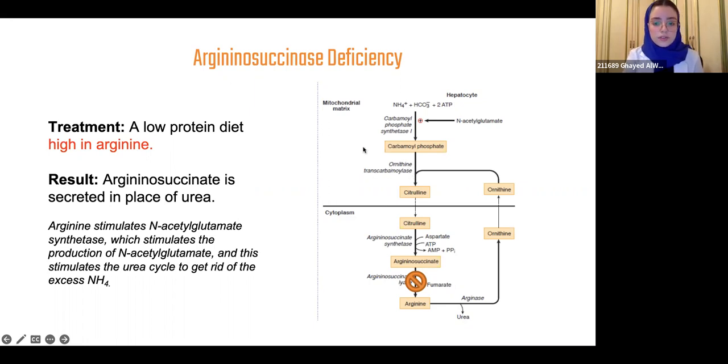So if we don't have ornithine transcarbamylase, we won't be able to make citrulline, right? So we have ornithine and we have carbamoyl phosphate. But in order for us to make citrulline out of these two substances, we need the enzyme. And so if the person has an ornithine transcarbamylase deficiency, then we can also expect that they won't have citrulline.